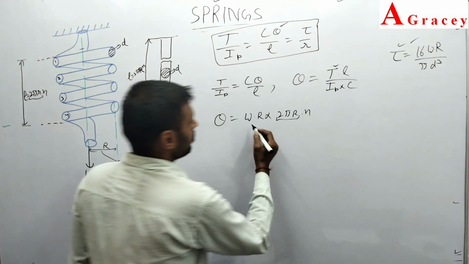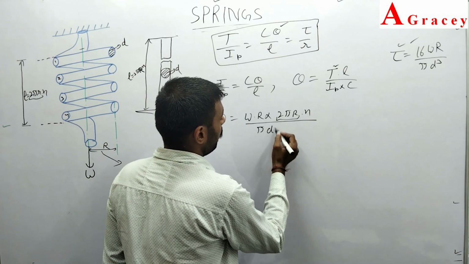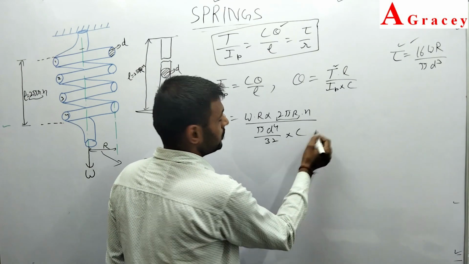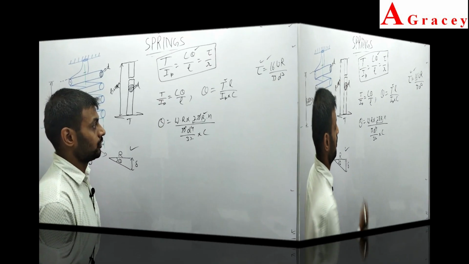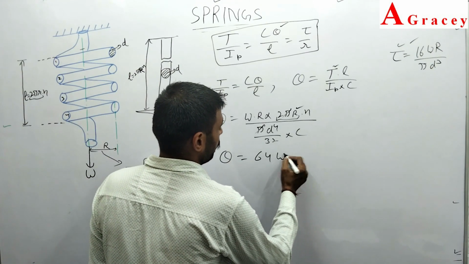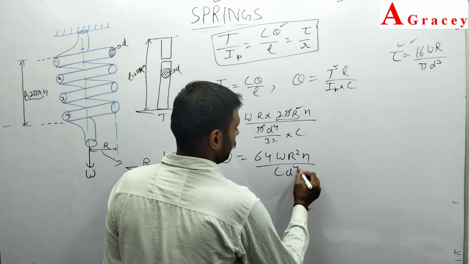So N is the active number of turns, divided by I_P, πd⁴ divided by 32, into C. When we further solve it, we identify that θ is equal to 64 WR²n divided by Cd⁴.